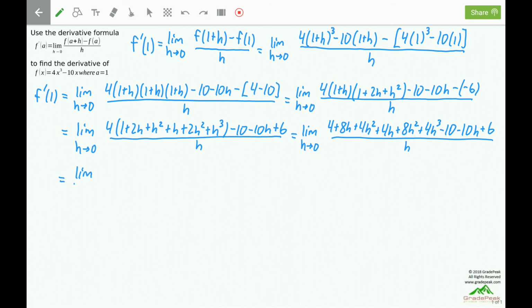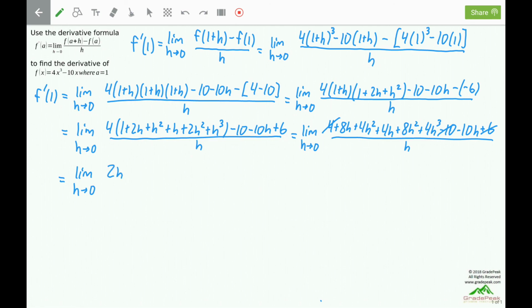Now let's combine together like terms. One thing that should happen at this point is any terms that do not have an h, which are just constants, should all fully cancel. And I see I have a positive 4, a negative 10, which will add to be a negative 6, plus a 6, and those do fully cancel. Now I have 3 terms that have an h: 8h, 4h, and a negative 10h. 8 plus 4 is 12, minus 10 is 2h.